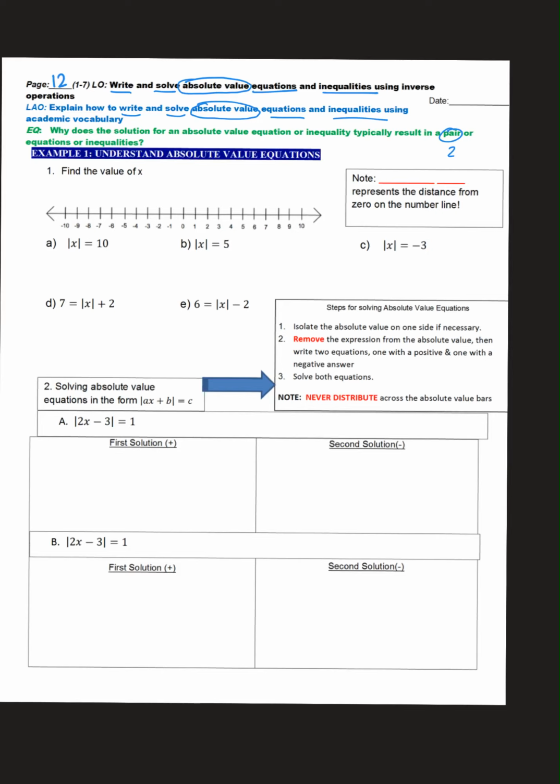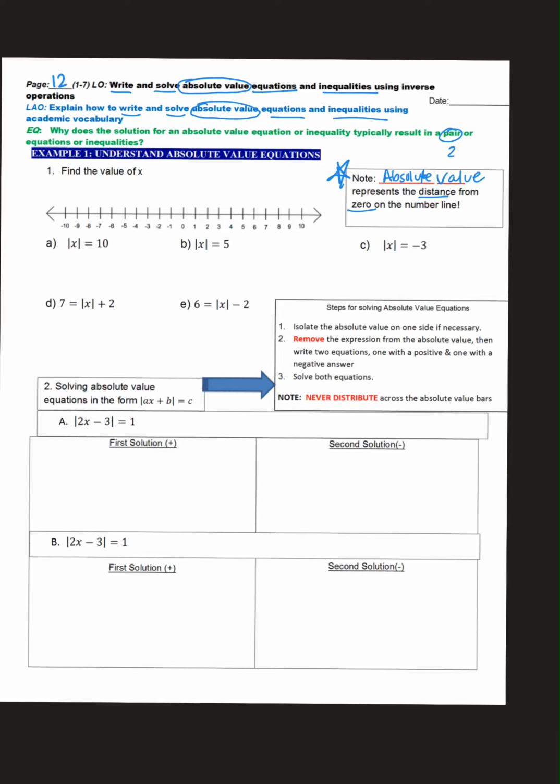All right. So, example 1, understand absolute value equations. Note that absolute value represents the distance from 0 on a number line. So when you talk about absolute value, most of the times people say that absolute value just means always positive.